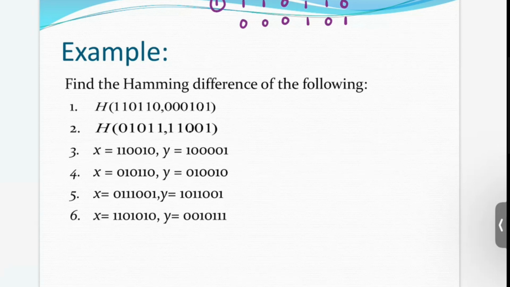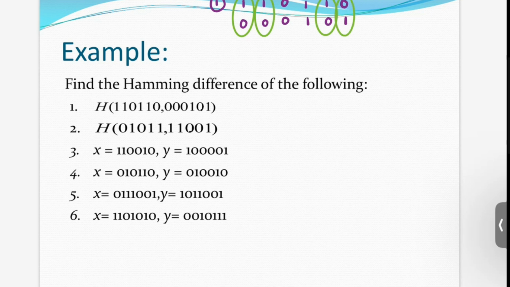So you know that for Hamming distance, you need two strings of equal length. These two have equal length, and then you find the Hamming distance by calculating the number of positions at which the corresponding symbols are different. So look at the differences: one, two, three, four. Let's say the first is x and the second is y.